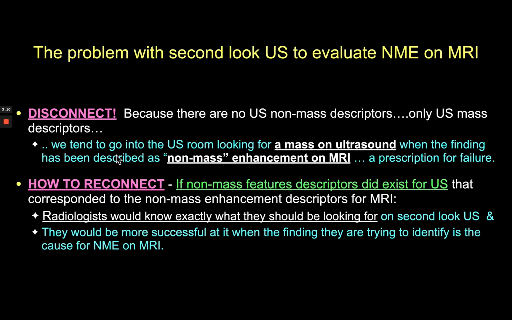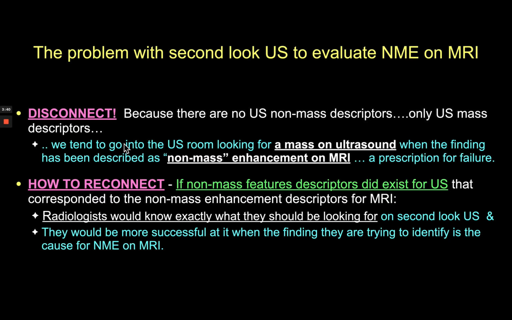Now, the disconnect is that because there are no ultrasound non-mass descriptors, really only mass descriptors, although I guess we could consider some of the associated features to be non-mass. We don't specifically think of them that way. What we do is we describe non-mass features on MR, and then we go in the ultrasound room and we look for a mass and say, second look ultrasound doesn't work.